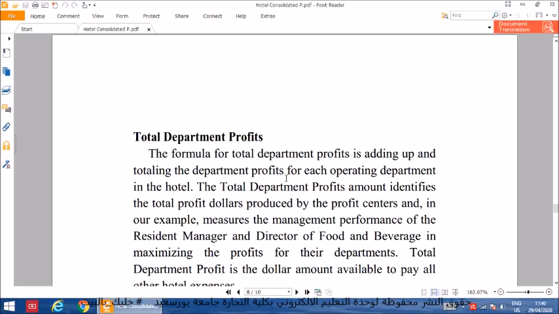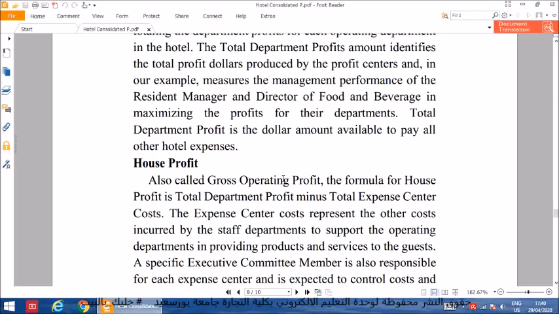The total department profits amount identifies the total profit dollar produced by the profit centers, and in our example measures the management performance of the resident manager and director of food and beverage in maximizing the profits for their departments.